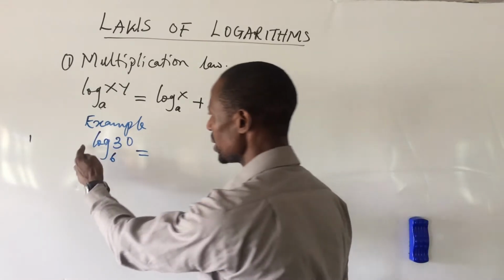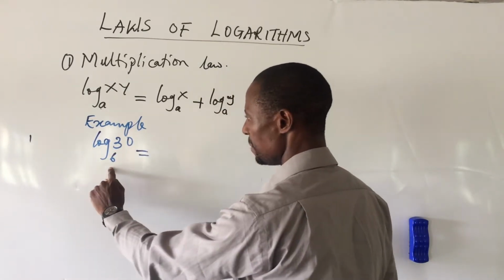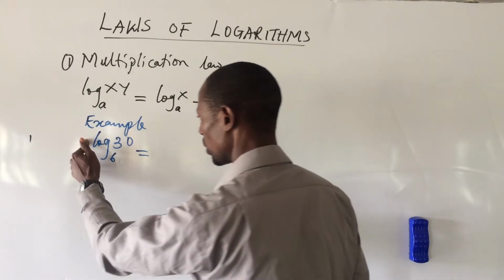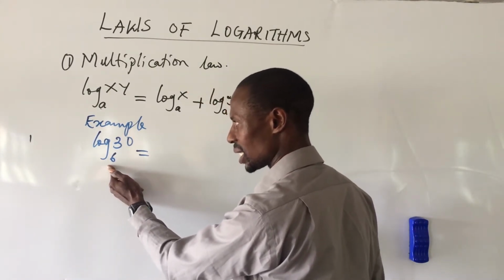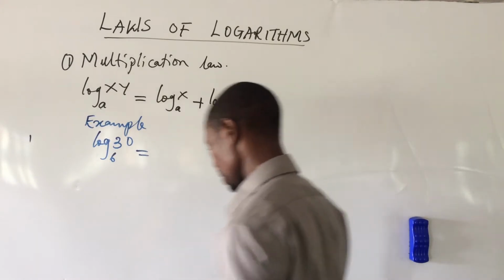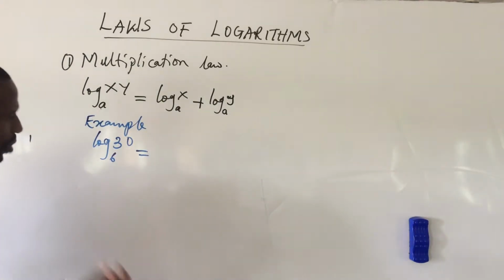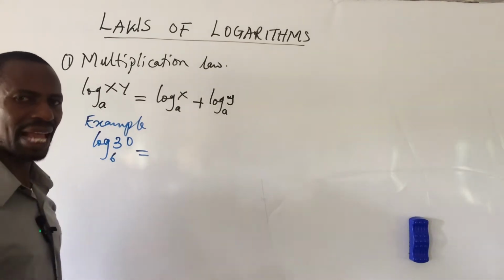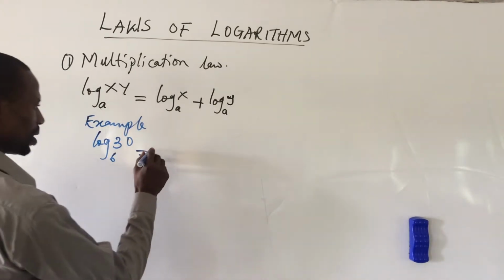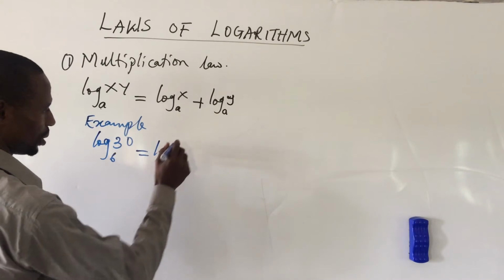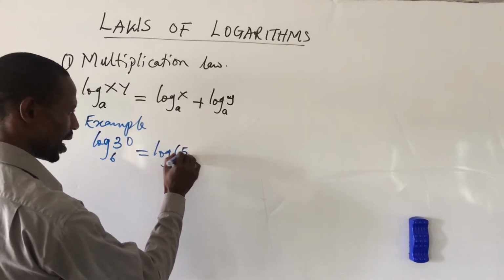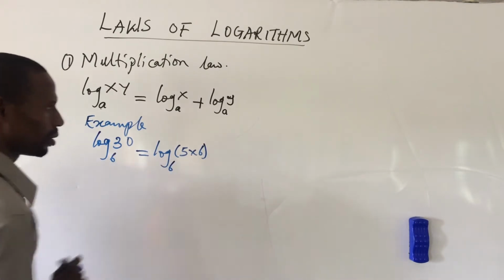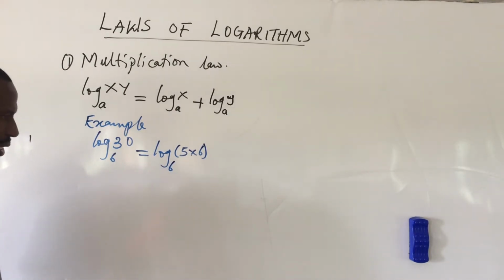We read this as log 30 base 6, or you can equally say log base 6 of 30. If we are to split this, we know that 30 is the same thing as 6 times 5. So this will now become log, bracket open, 5 times 6, close bracket, to base 6.